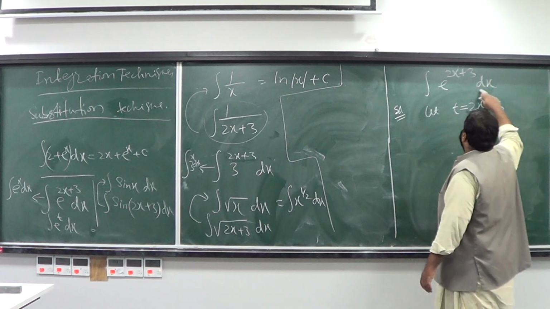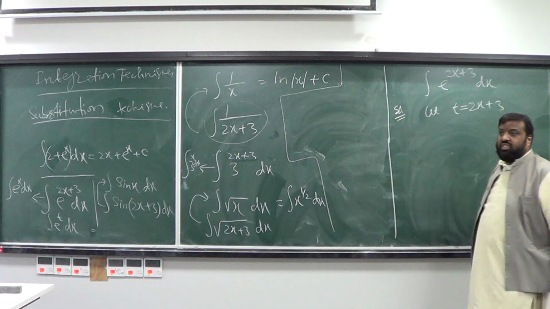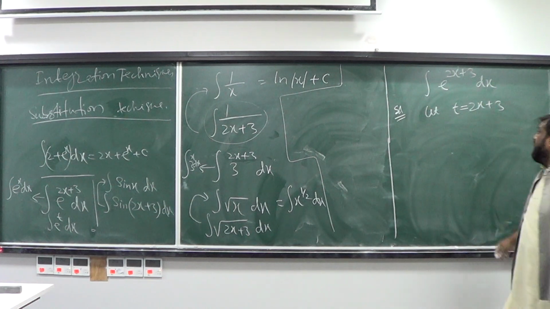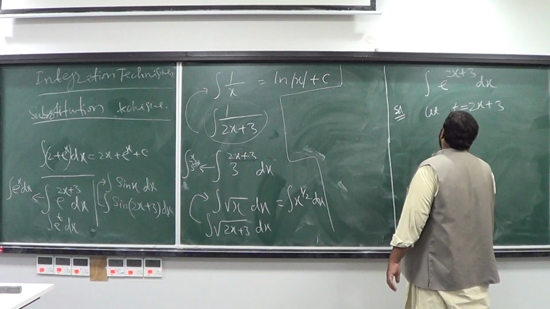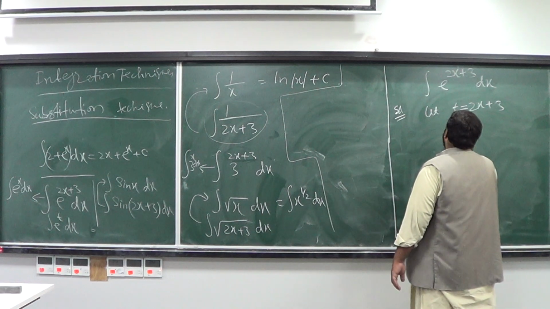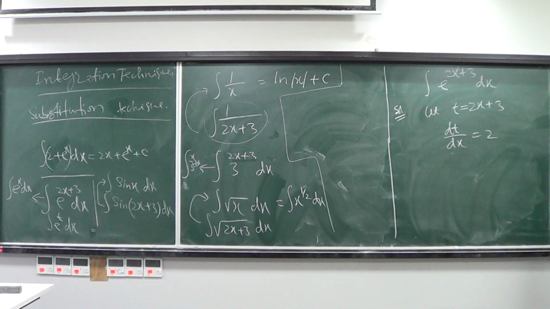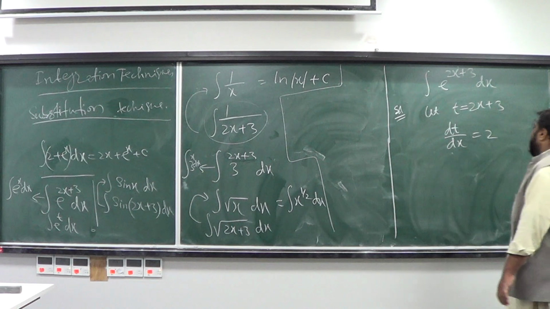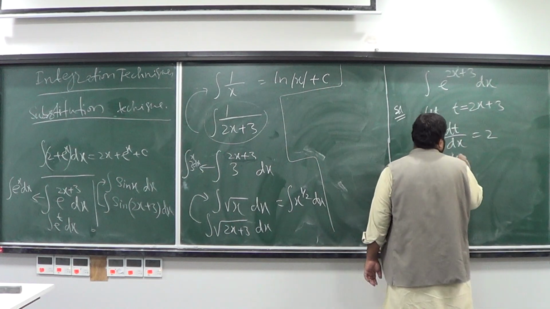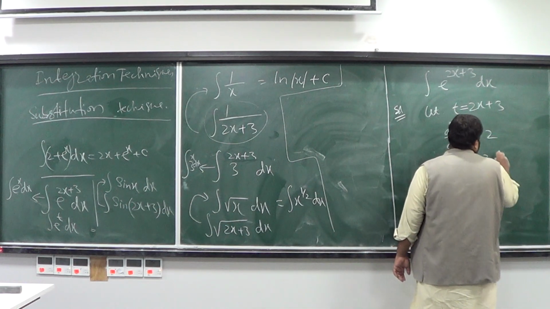Then I also have to change the differential. So dt by dx is going to be 2. So I can say that my dt becomes 2 dx.